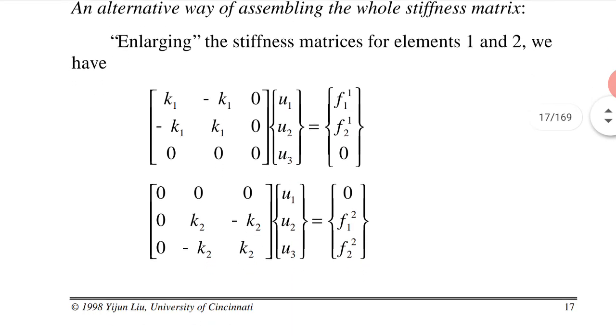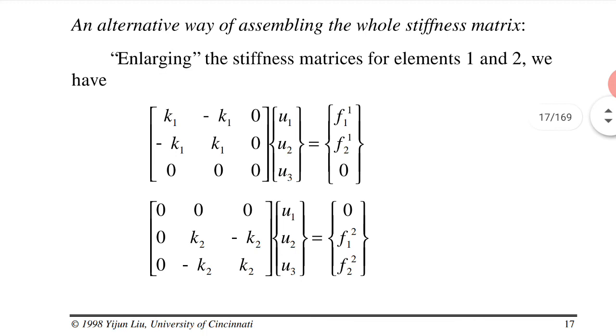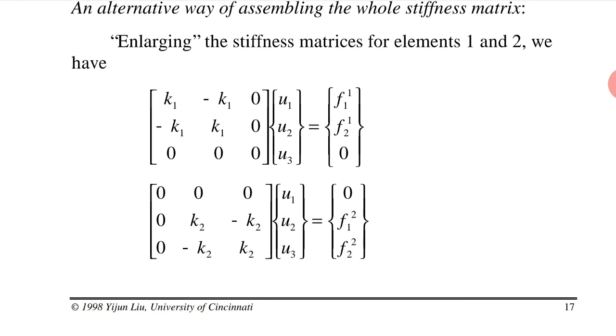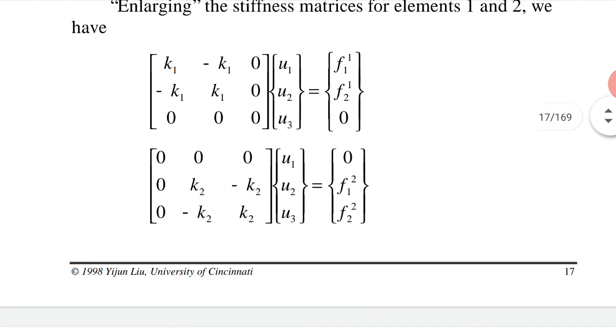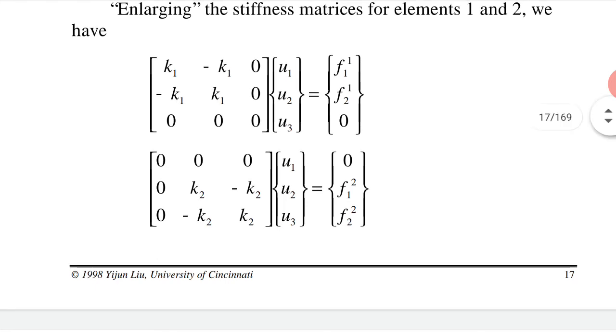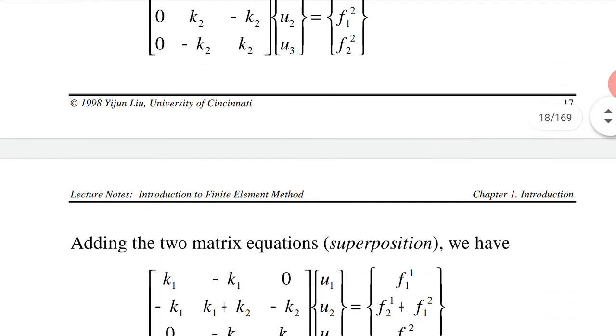There is an alternative way of assembling the whole stiffness matrix, as here we can see the two element stiffness matrices, and they can be represented like this as 3 by 3 matrices to get the easiest solution, so that we can add these two matrices easily.